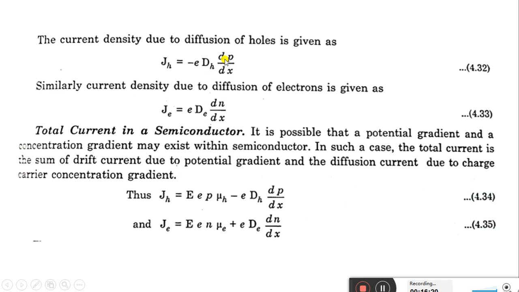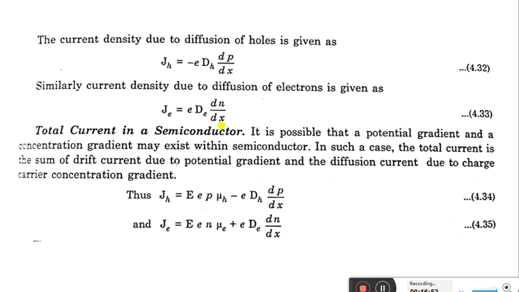And here we have written dp by dx, where P is for holes, so here we will write N for electrons. So the current density due to the diffusion of electrons will be written as J equals E DE dn by dx. Now we have found the two current densities because of diffusion, that is, because of the diffusion of holes and because of the diffusion of electrons.